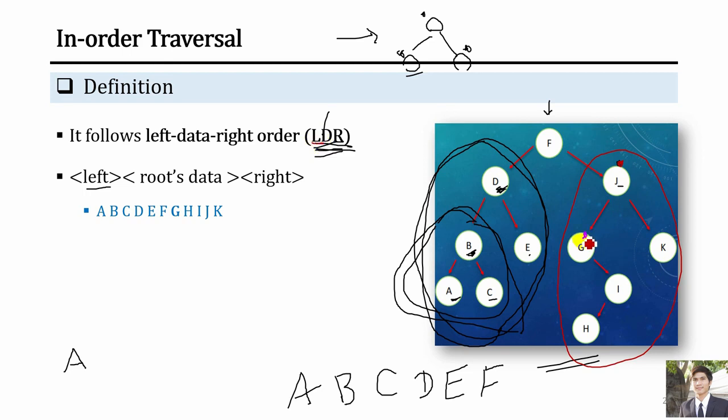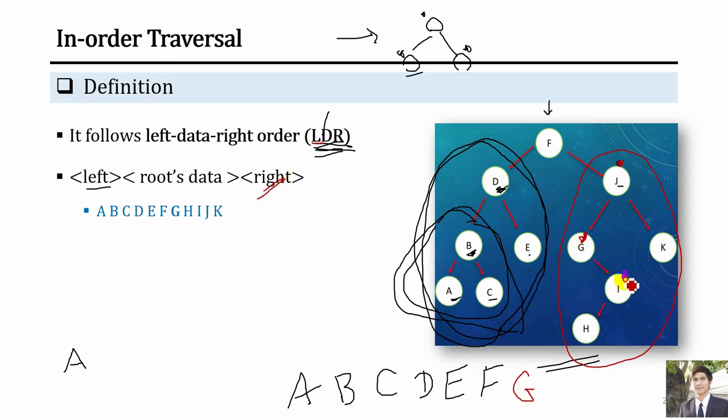G has no data on the left. So following the rule, it has no data, and then it accesses the root, which is letter J itself here. So G here we can display. After G, it is root data here, and then we can go to the right.